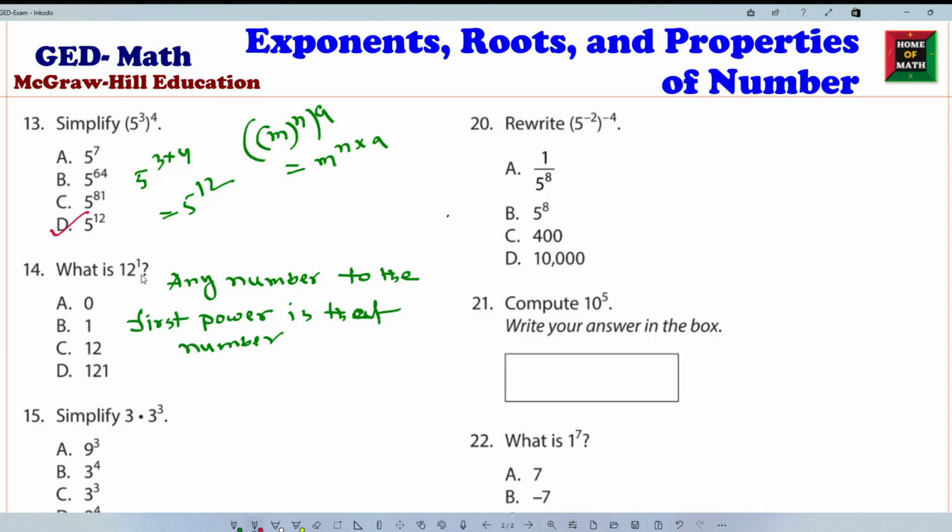First power is 1, that time that number is what? Any number to the first power is that number. So here is 12 to the power 1, so answer is that number, it means 12. So 13 to the power 1, 14 to the power 1, 16 to the power 1, everything the result is 13, 14 and 16.